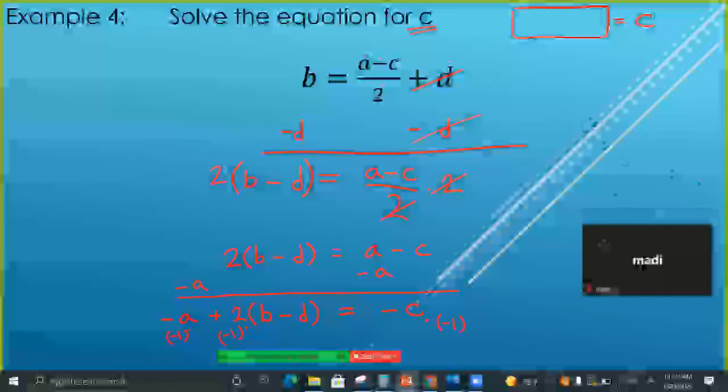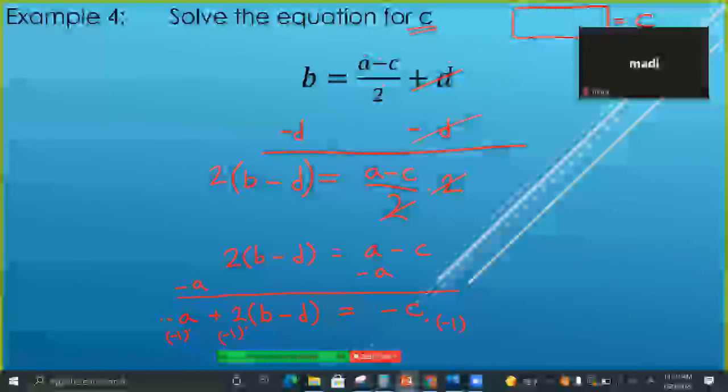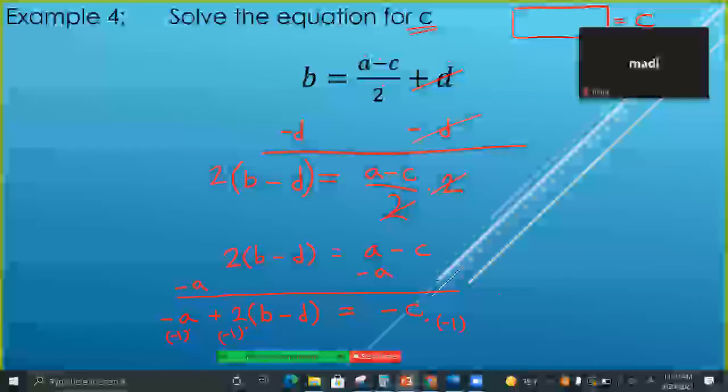All the positives become negative and the negatives become positive. Because remember, a negative A times -1 is going to be positive A. So finishing this off here on the right side of the screen, we've got a positive A, we've got a minus 2 times B minus D, and equals C.